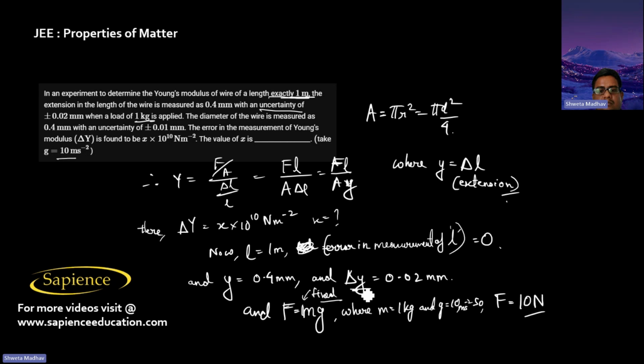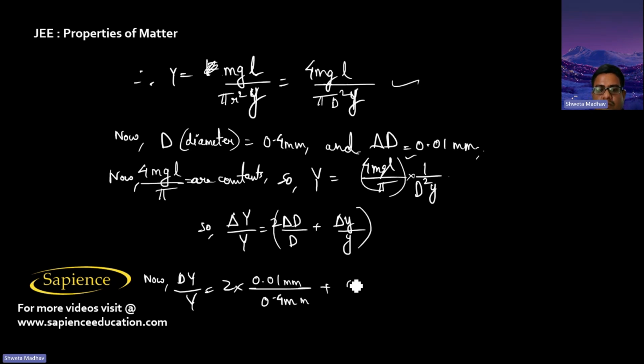The error in the measurement of the extension in the length of the wire is 0.02 millimeter. So this will be 0.02 millimeter divided by 0.4 millimeter.